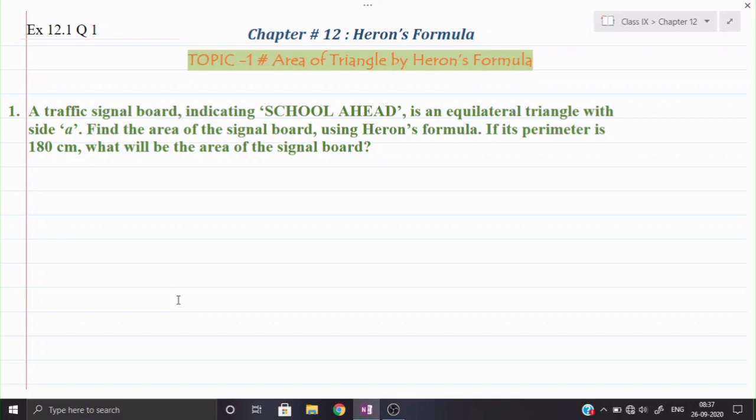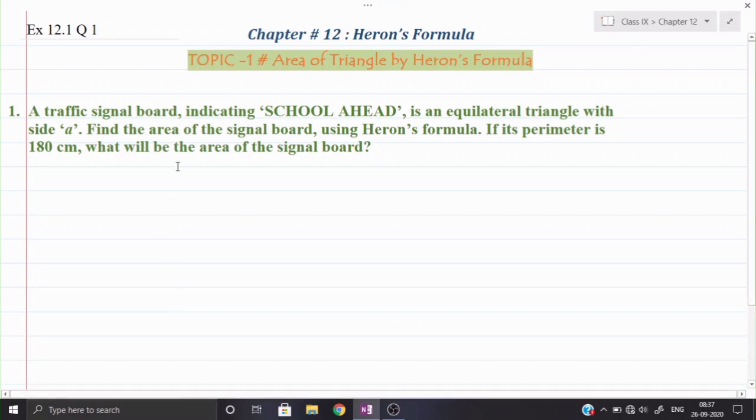They are saying find the area of the signal board using Heron's formula. If its perimeter is 180 centimeter, what will be the area of the signal board? See, the second part we shall discuss later. First of all, we shall focus on the first part.